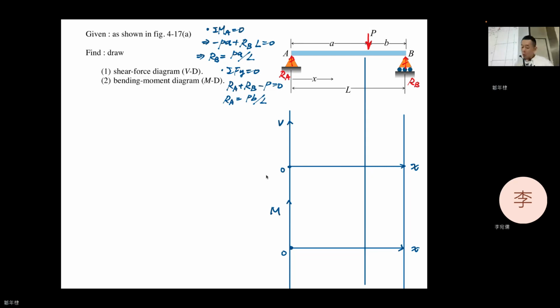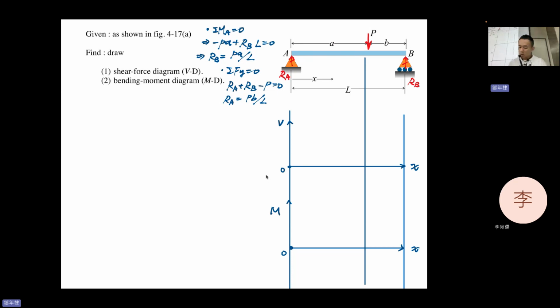Two. Why? Because you can imagine that if you want to know the shear force and moment in this material, you will cut it, right? So if you cut here, do you think it's in equilibrium? Cut here, cut here, cut here, they are all in equilibrium. You obtain a very similar solution because the force doesn't change at all.